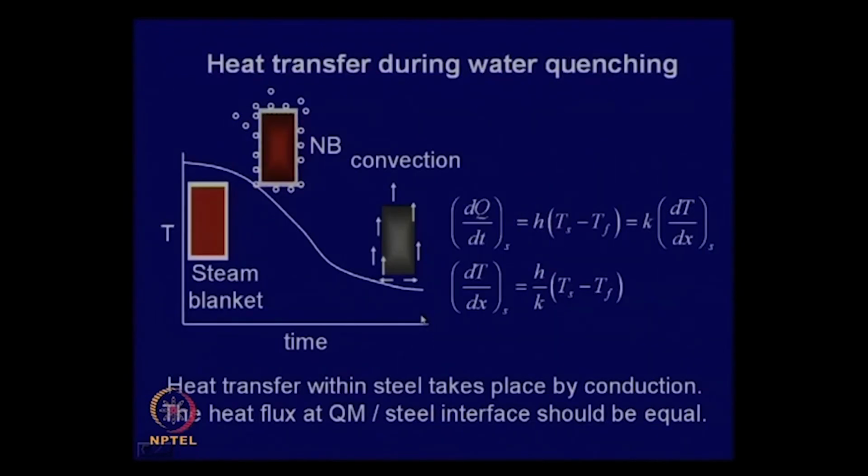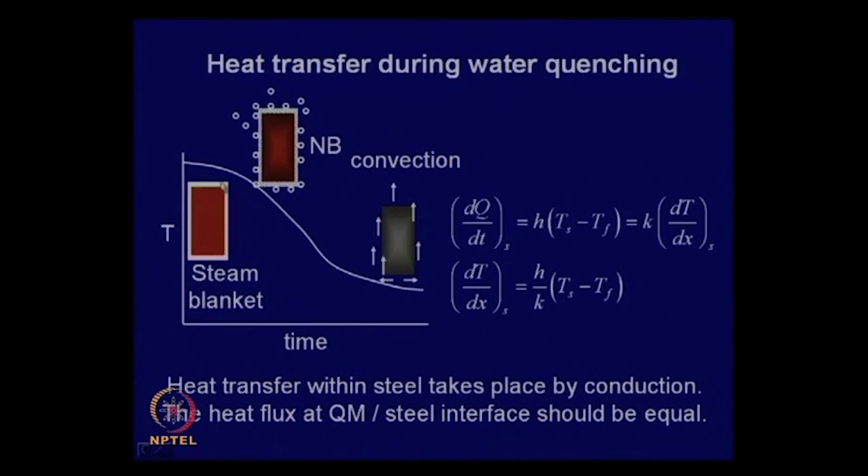Now, a quick look at the process of heat transfer when you quench, and let us look at it a little more critically. Say this is a section of a job which has been quenched in water. When you quench, it has a very high content of heat.